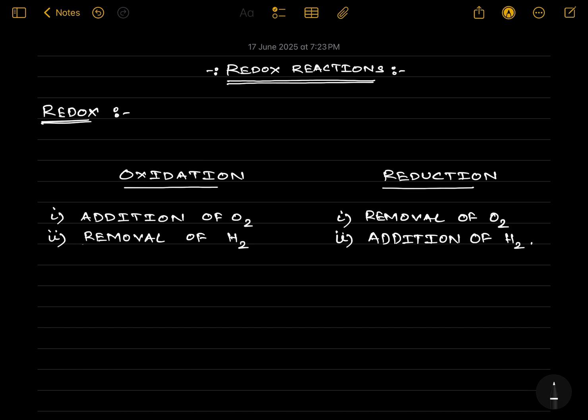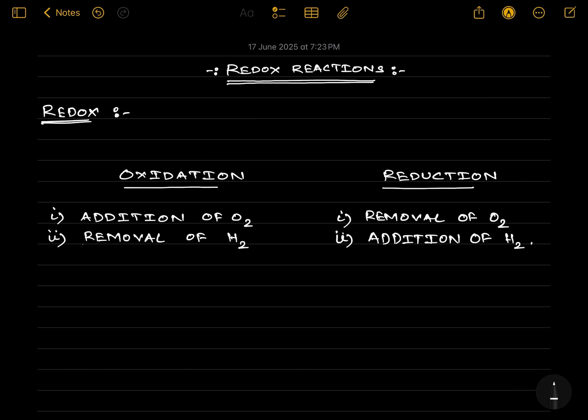Understand that these two definitions of oxidation and reduction are pretty basic, even for your 10th and 11th grade, and we definitely need to understand a few more details. Oxidation is addition of oxygen or removal of hydrogen; reduction is removal of oxygen or addition of hydrogen.